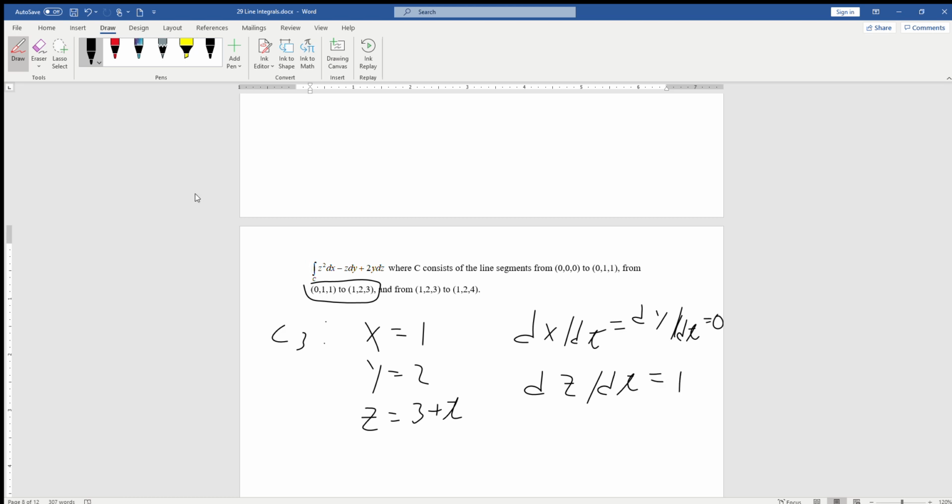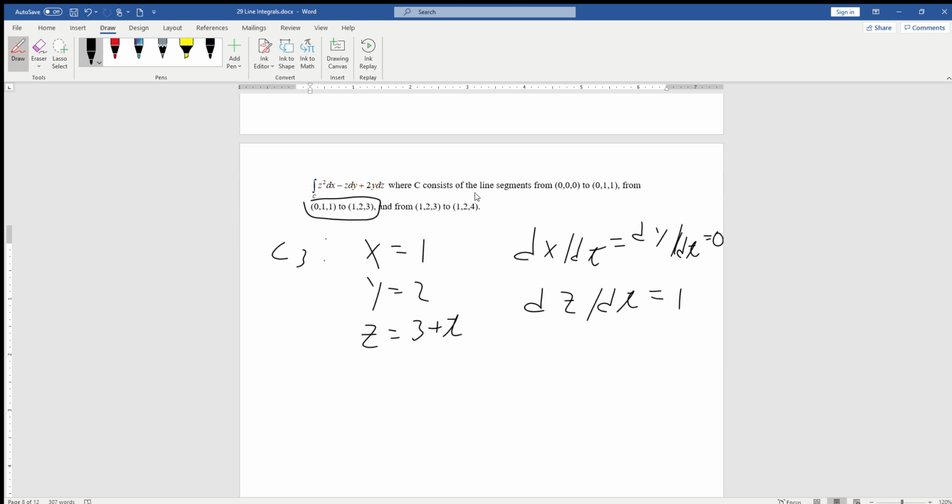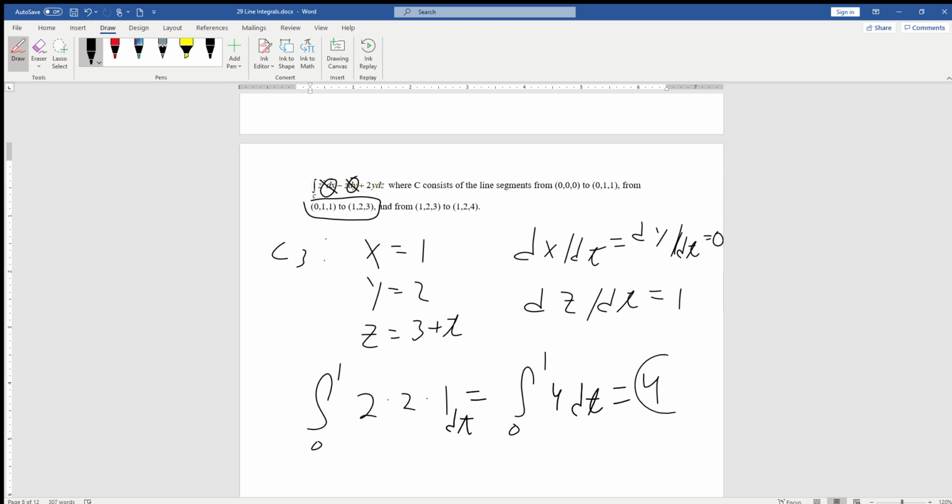So it actually turns into a very nice integral, because the first two expressions contain a dx and a dy, so they just go away. So in reality, we just have the integral from 0 to 1 of 2y, so that's 2 times 2, times dz/dt, which was 1, so the integral from 0 to 1 of 4 dt, which is just going to be equal to 4.